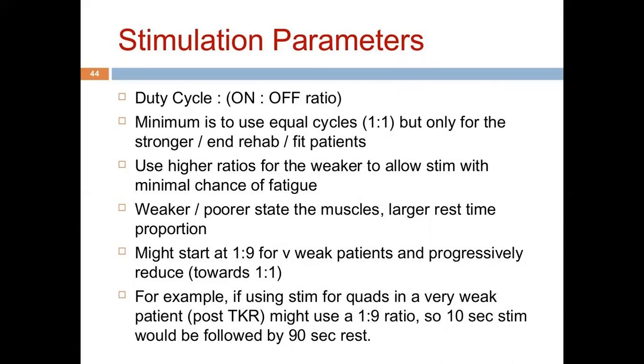You might start at 1:9 for a very weak patient and progressively reduce toward 1:1. For example, if using stim for squats in a very weak patient, such as post total knee replacement, you might use a 1:9 ratio. So 10 seconds of stim would be followed by 90 seconds of rest.